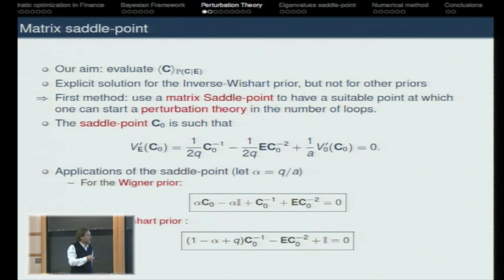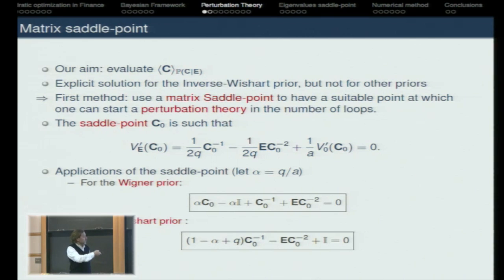That's the important point: the eigenvectors of C0 are the same as the eigenvectors of E. In the diagonal basis, you can solve this equation eigenvalue by eigenvalue and keep the eigenvectors of E. And you get, for the Wigner prior, a cubic equation. For the Wishart prior, you get a quadratic equation that you can solve easily. And this is already not too bad as a starting point for a shrinkage method or as a Bayesian estimate.